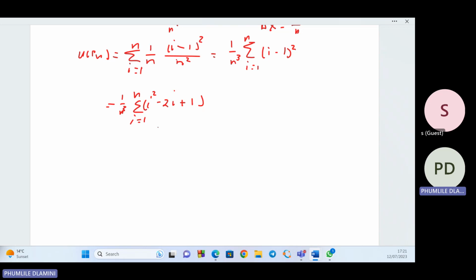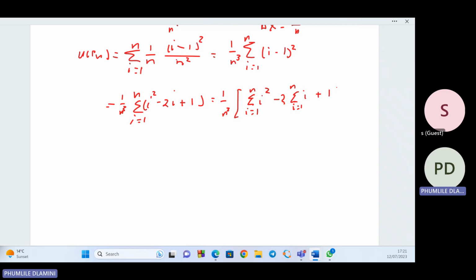So now, according to this, we can rewrite this as 1 over n cubed. We can now put square brackets so that we can see. We multiply each and every one here, and we're going to have the sum from i equals 1 to n of i squared. And minus 2, you take out minus 2, you can say the sum from i equals 1 to n of i, then plus 1.